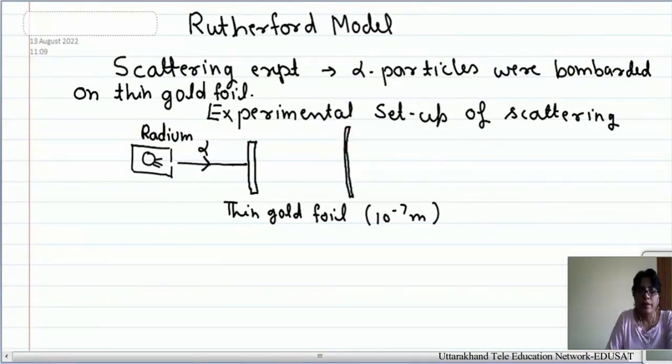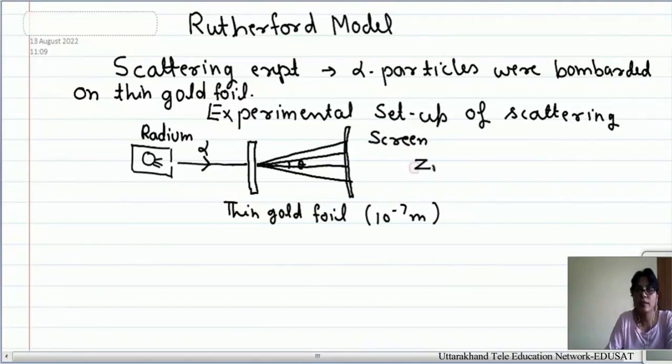So alpha particles get scattered from this thin foil, and some may go in a straight line and some may go in other directions. This angle is the theta angle of scattering, and this is the screen. This screen was coated with zinc sulfide, which acts like a scintillator.